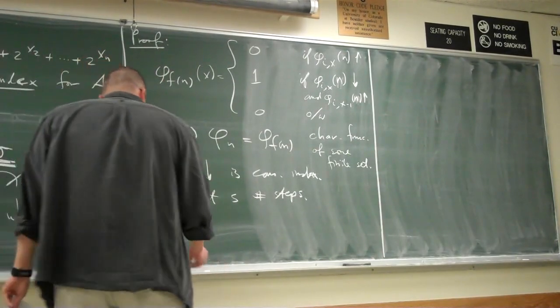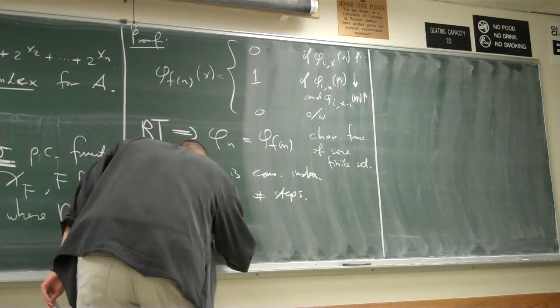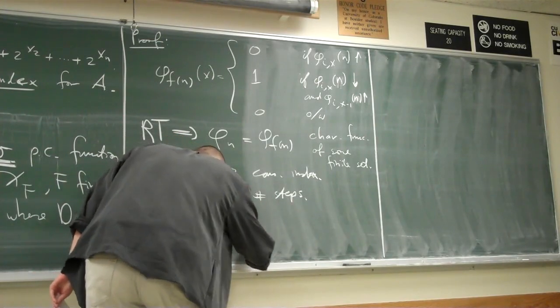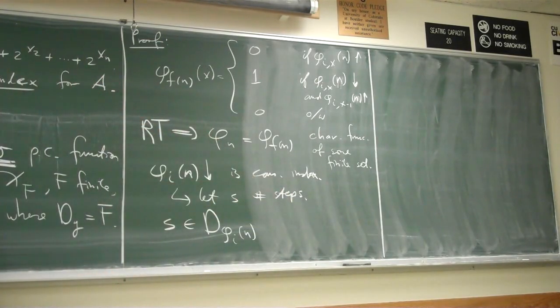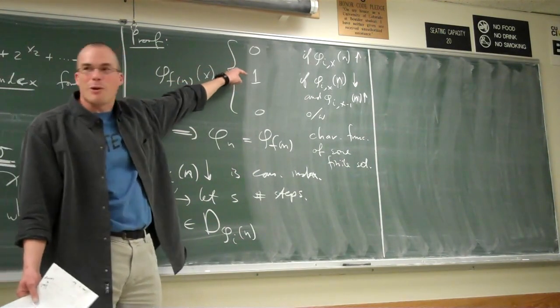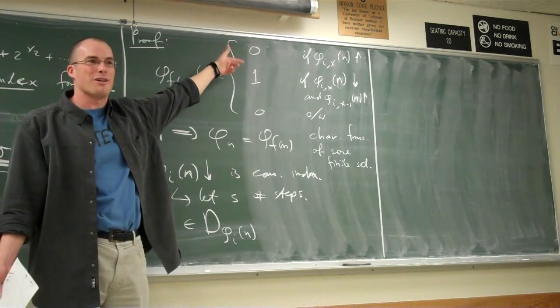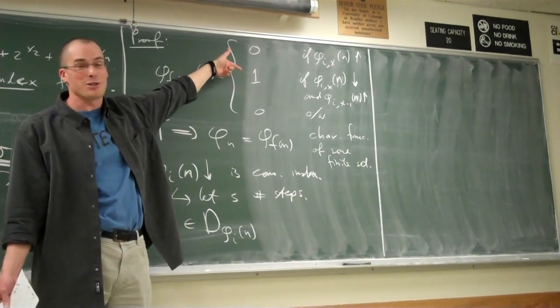Now what do we notice? S is in the set of phi I of n, right? Because phi of n is equal to phi of f of n. These characteristic functions are the same. Phi of f of n exactly gave 1 only on the number of steps it took for phi of I on n to converge.